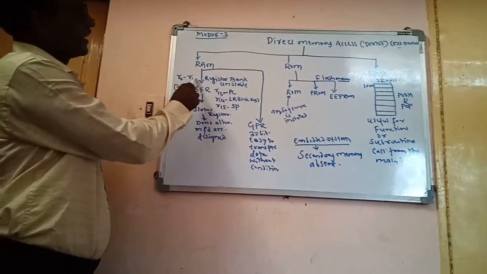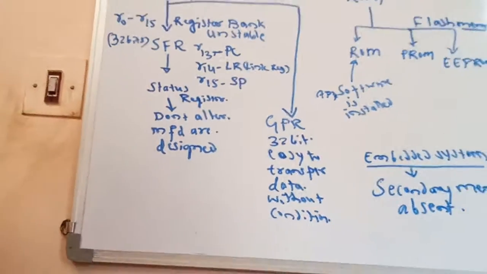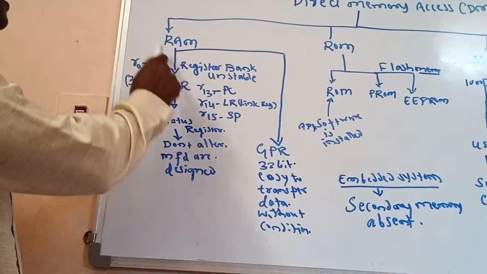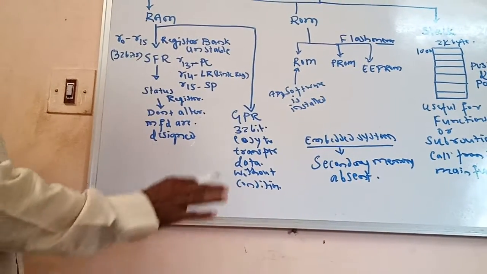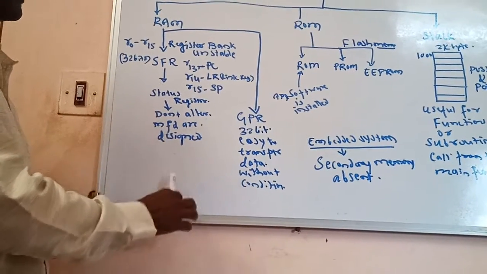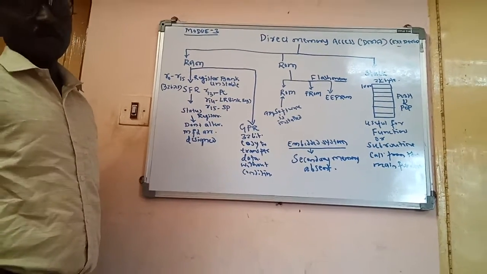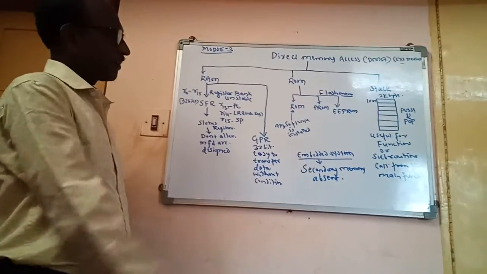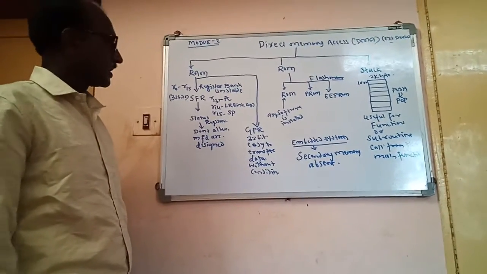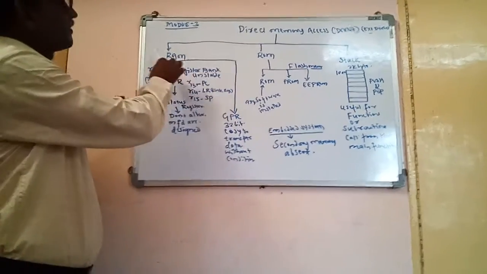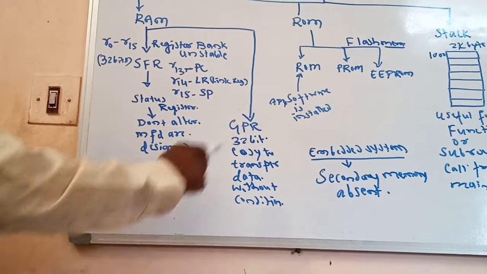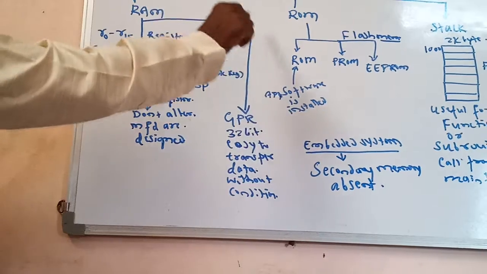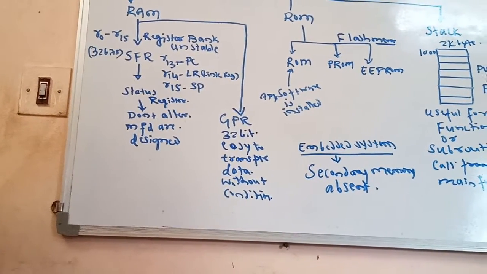Totally R0 to R15 you may use as general purpose registers, and you may also use them as special function registers. Both functions can take place. The only thing is that you have to follow the proper rule of transferring information from one register to another, which you may call swapping of information. These are the most important parameters in direct memory access in embedded systems. Without these things you cannot write and observe the output through the monitor.